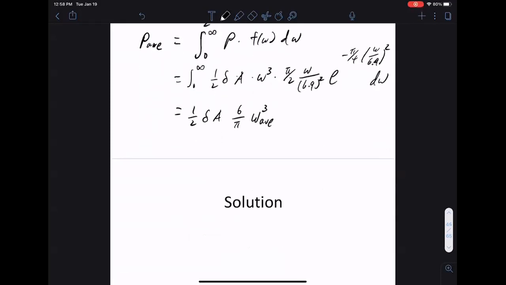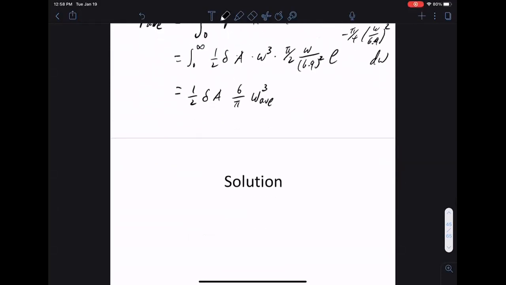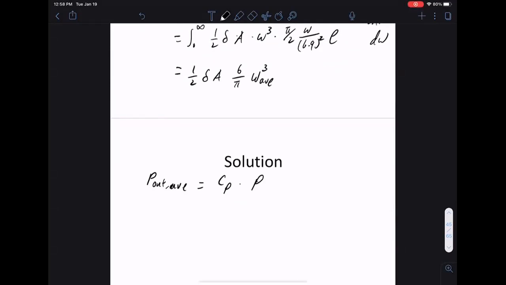All right, so if we have something like this, we're almost done, right? What we need is the output power. The average output power is the coefficient of performance multiplied by the average wind power. So we can multiply all these things together.